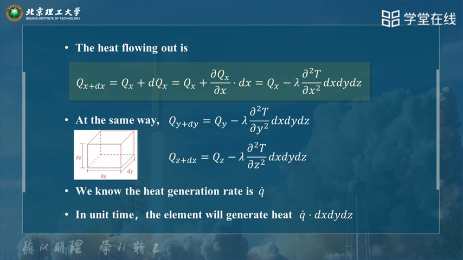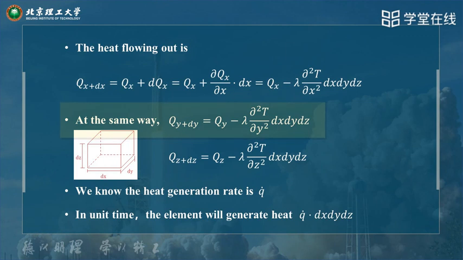From mathematics, we can calculate Qx plus partial Qx partial x dx. From mathematics, we obtain this part, which is dQx. Also, we can calculate it equals Qx minus lambda, where lambda is conductivity, partial t power second over partial x power second, dx dy dz.